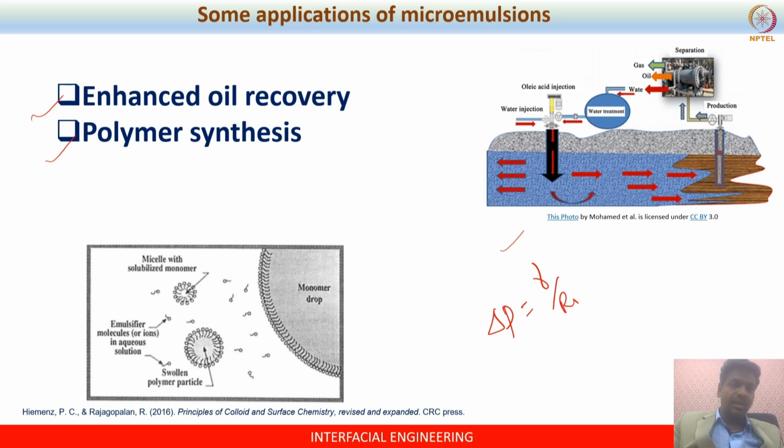The second application that we can look at is emulsion polymerization for polymer synthesis. Usually, the emulsion polymerization route is chosen in case the monomer that we work with is not water soluble.